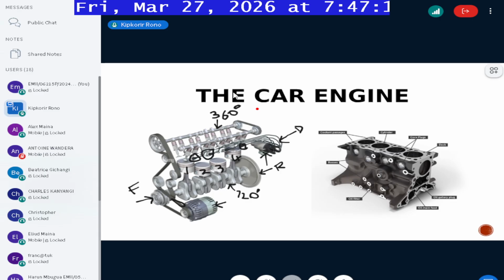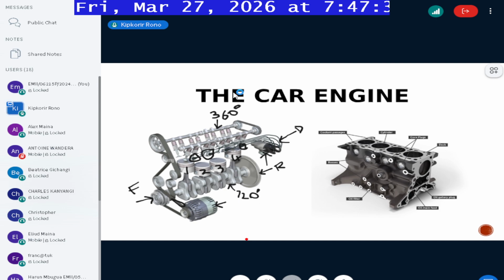Which means for the cam, every 90-degree rotation is a single stroke, while for the crankshaft, every 180 degrees is a single stroke. So it's very good to remember that.